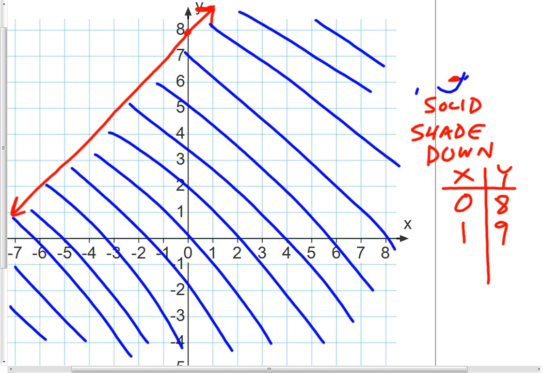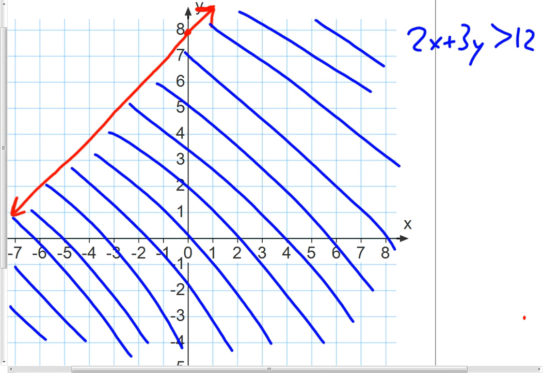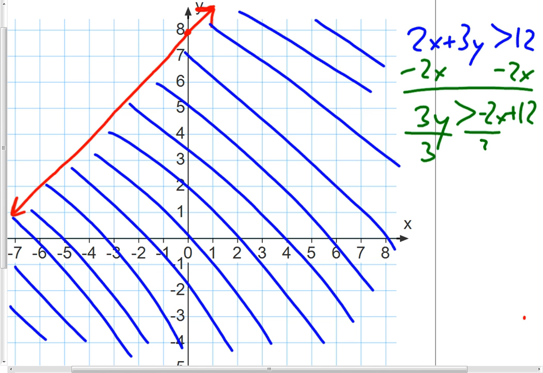Second one. 2x plus 3y greater than 12. I subtracted a little, I divided a little, now my y is all by itself.